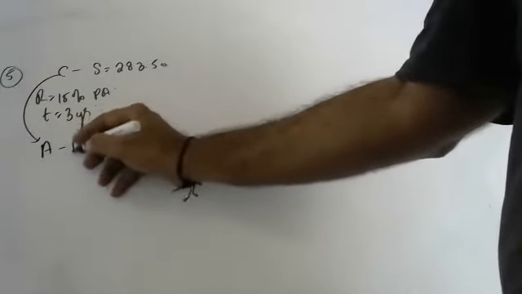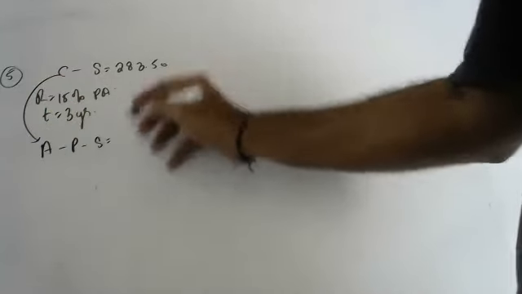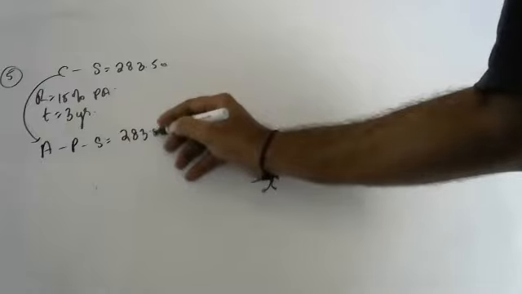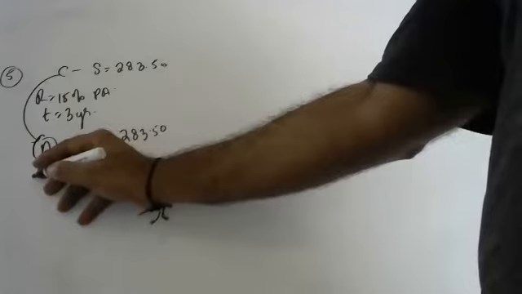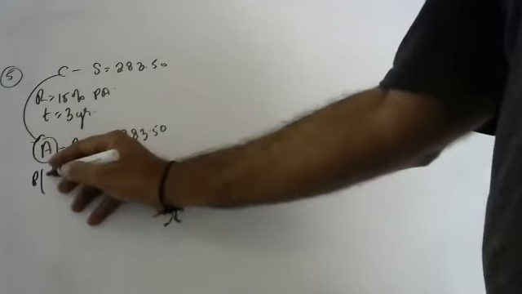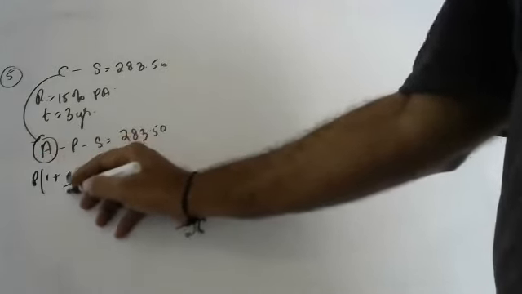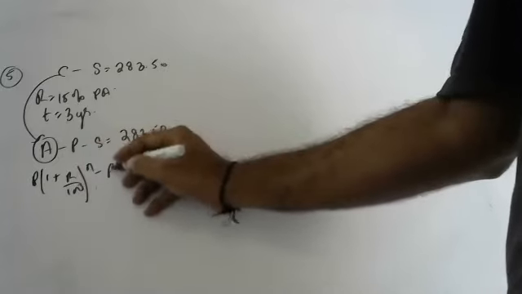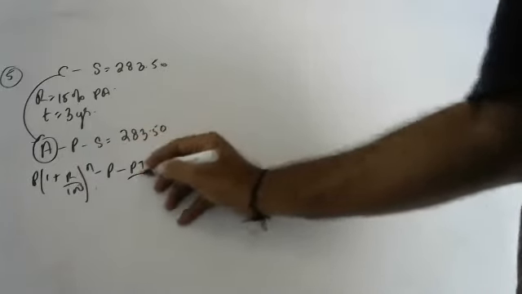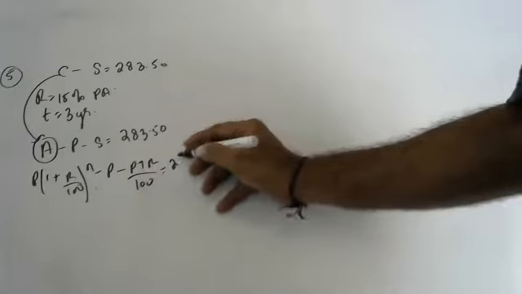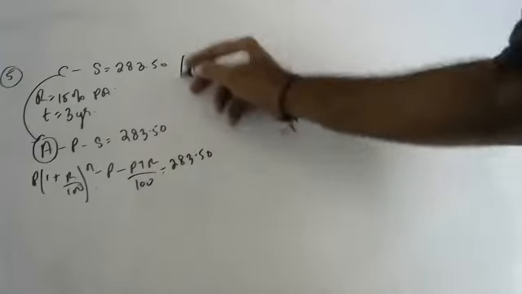Okay. Now, Pravalika, compound interest means what? Amount minus principal. Keep saying. 283.50. What is amount? P of 1 plus R by 100 to the power N minus PTR by 100 is equal to 283.5.